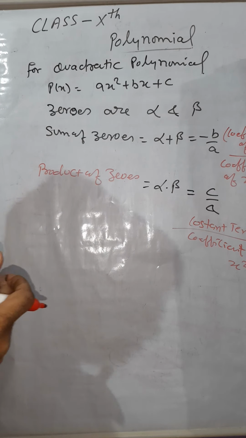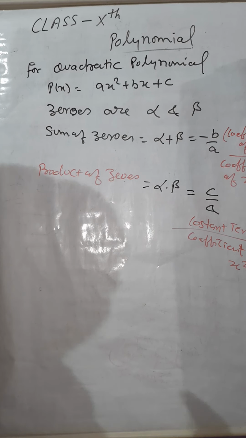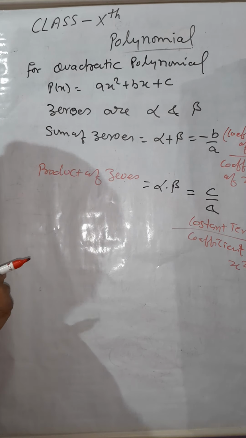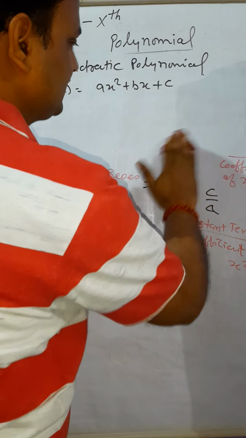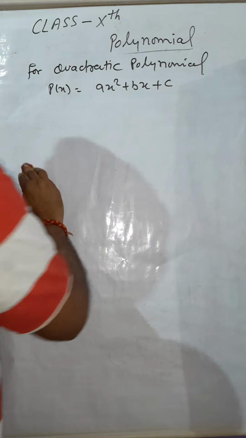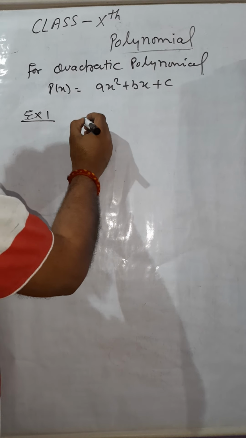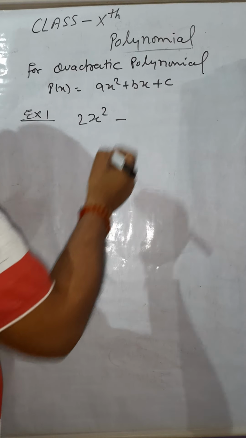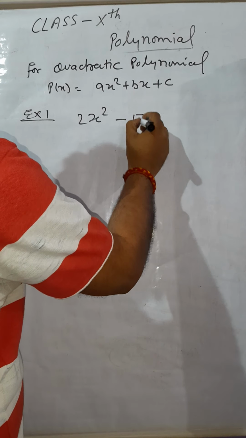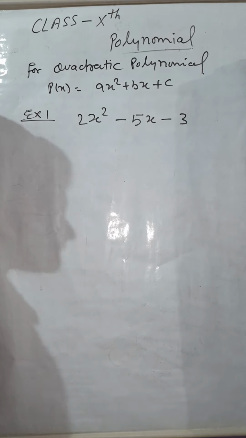So we'll continue this concept in the next video. Till then we have to complete our exercise 2.1 and 2.2. Let us take one question, one example here. Like p(x) is equal to, example 1, 2x square minus 5x minus 3.